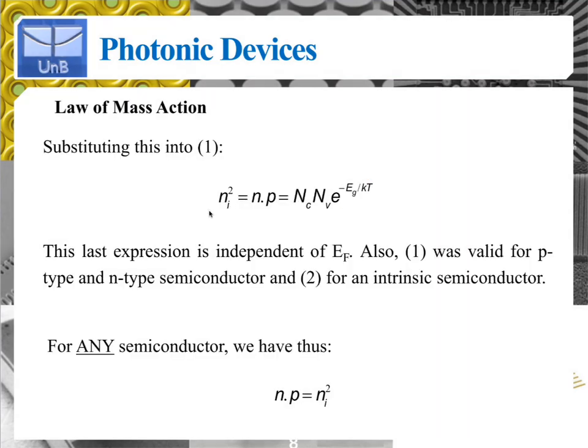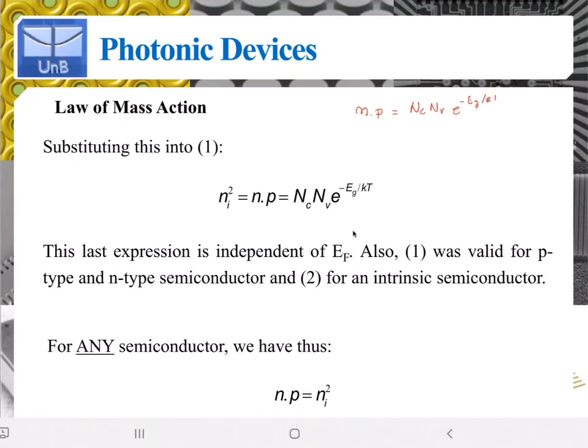And if we substitute this in 1, what we get is, so let's recall that 1 was N times P is equal to NC times NV times e to the power minus EG over KT. So we had this. Now, for an intrinsic material, both N and P are going to be equal to Ni, so this will turn out to be Ni squared. Okay, so for an intrinsic material, you have this equality, which is holding.